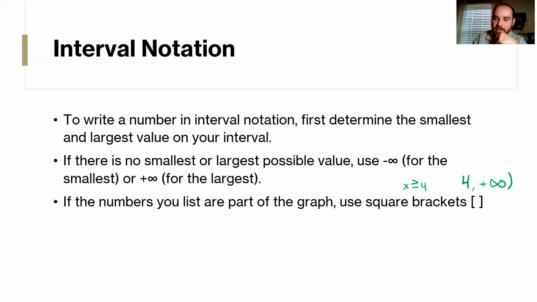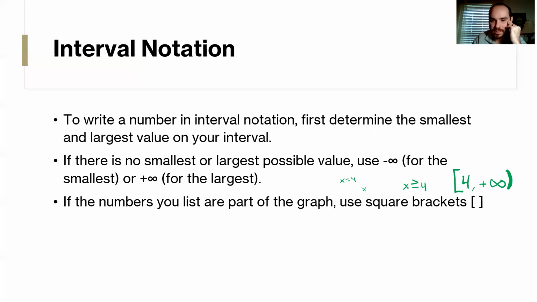Now, infinities, because they technically don't actually exist as numbers, they go on forever, are always going to use a parenthesis. You're never going to use a square bracket for an infinity sign. But this 4, because it is included, right? If I pick x equals 4, it does satisfy this condition because we've got the equal to. It can be greater than or equal to 4. So that means this is going to use a square bracket because that is included in my possible x values.